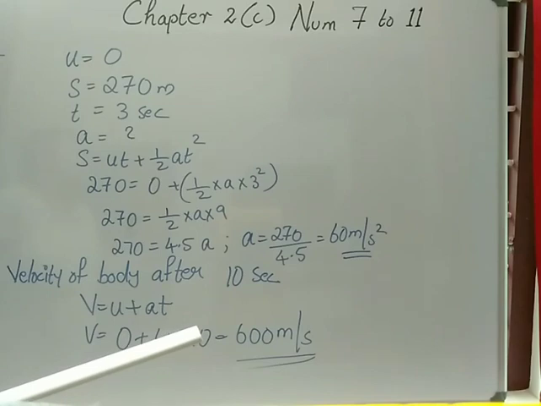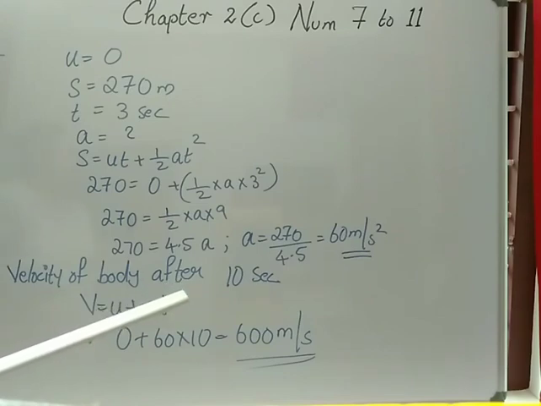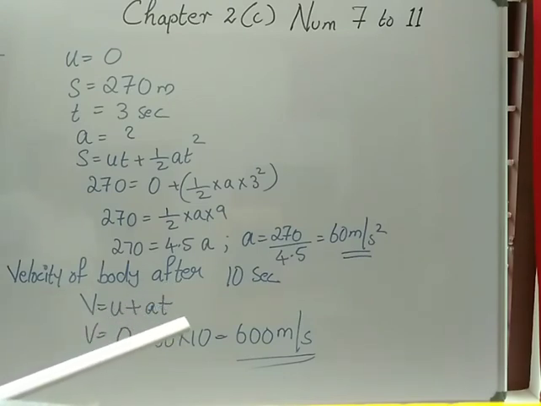So for calculating that velocity, we need the acceleration. You know all the three formulas: v is equal to u plus at, v square is equal to u square plus 2as, s is equal to ut plus half at square. In all three formulas, acceleration is a must. We can omit displacement or time, but acceleration is needed.